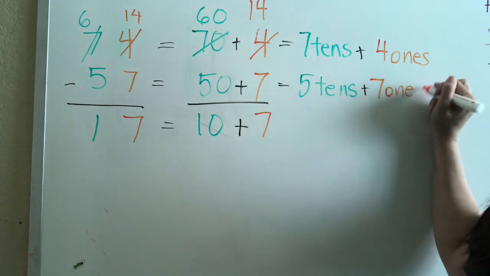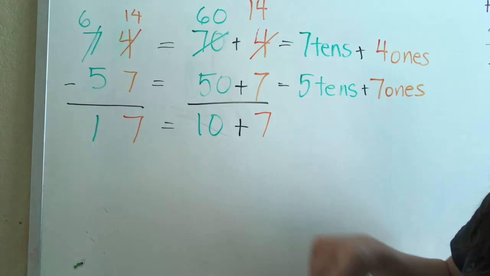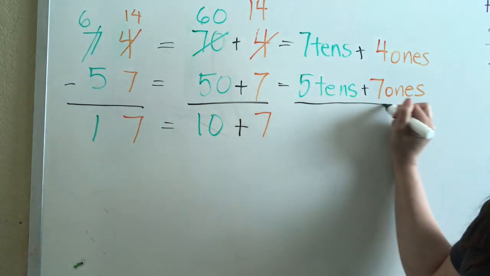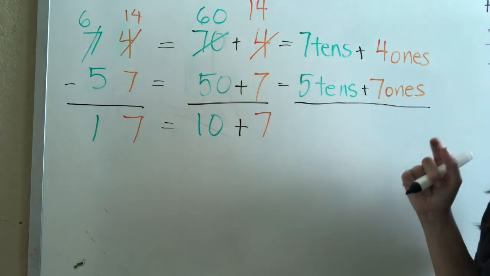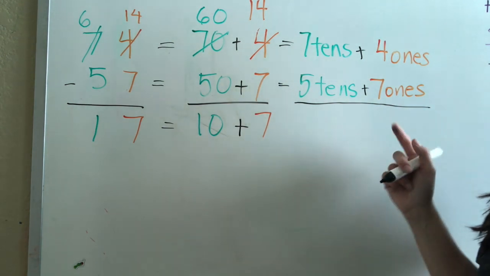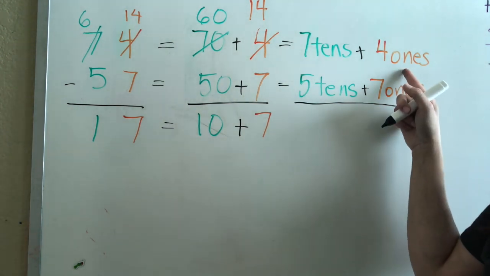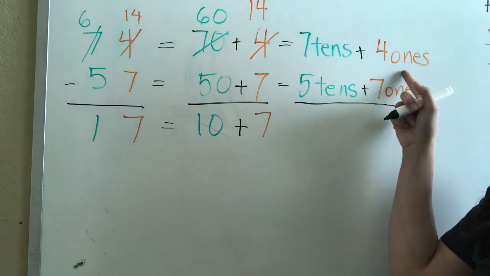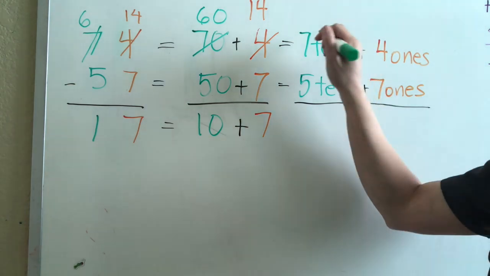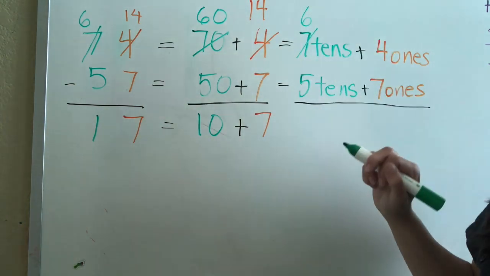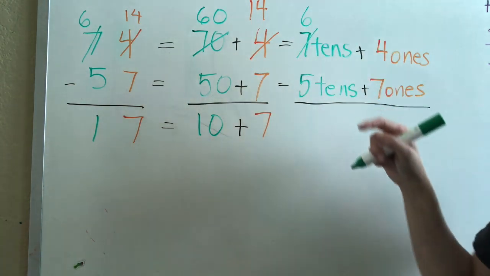So here is where we run into that problem where we're trying to subtract something larger from something smaller, and we have to regroup. We regroup from the tens place to the ones place. So instead of having 7 tens over here, we're going to say 6 tens.